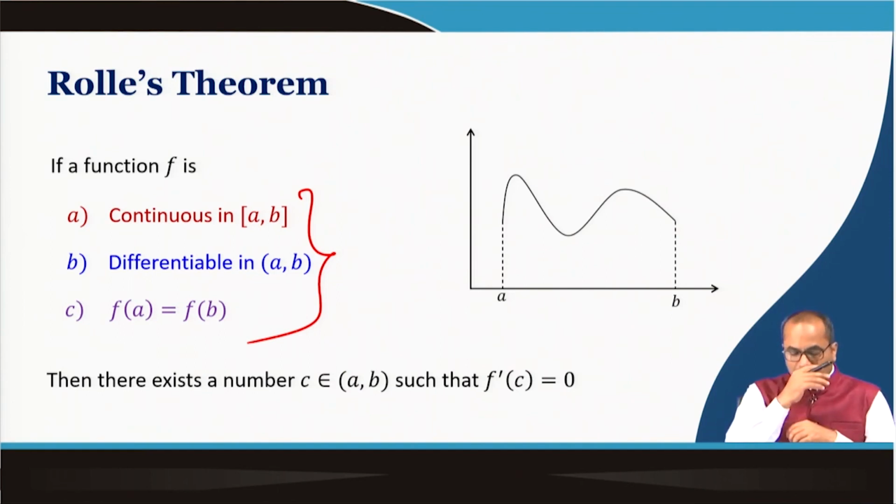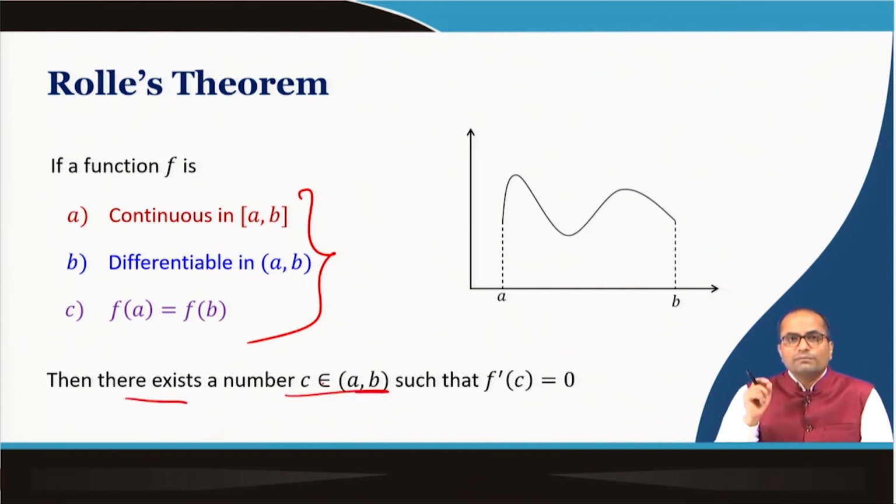Then the conclusion of the Rolle's theorem is that there will exist a number c, so at least one number c where the derivative will vanish. So, in this case you can observe these numbers are many. For instance, here the derivative of the function is 0. At this point also we will see the derivative of the function is 0. At this point as well we will observe that this tangent is parallel to the x axis, meaning the derivative at this point is 0.